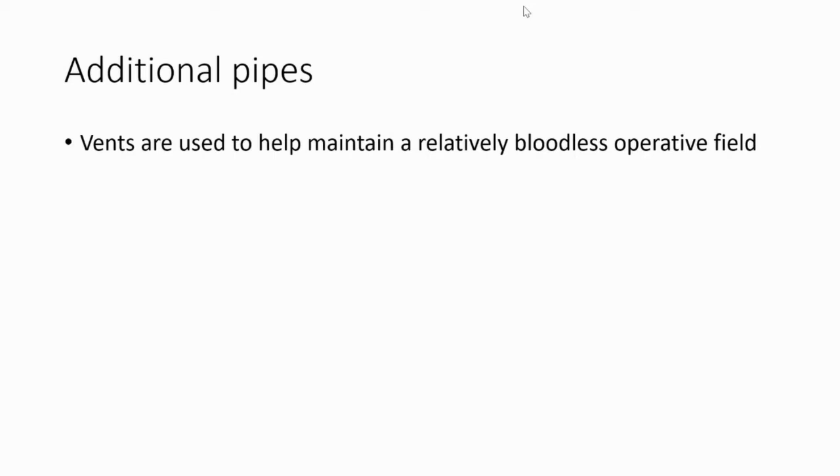The reason we need additional pipes to do that is because there is some deoxygenated blood that normally, physiologically, returns to the heart not via the right atrium, but via the left atrium. And you might be surprised to hear this if you don't already know this. It's something I only learned about when I started reading about cardiac surgery and cardiopulmonary bypass.